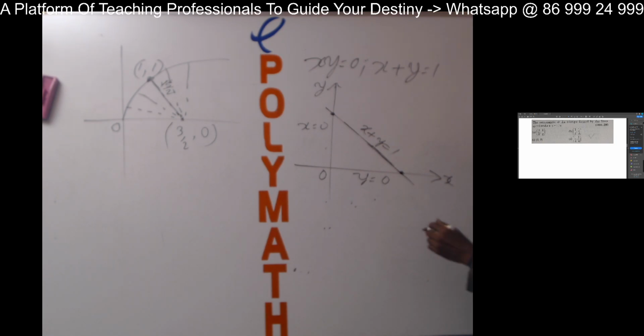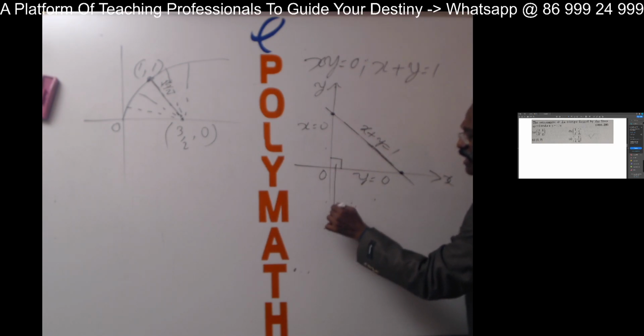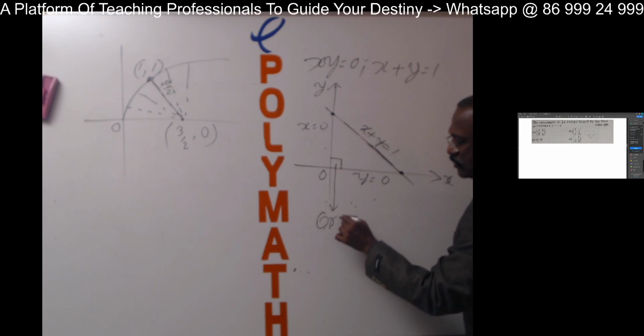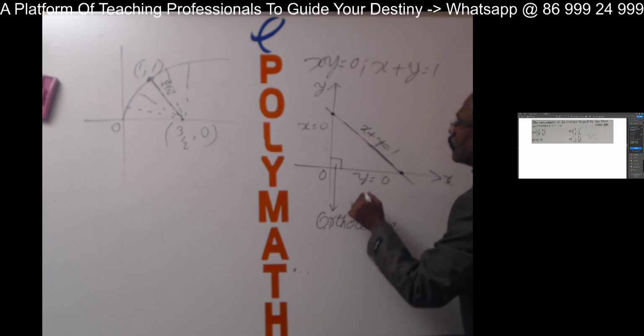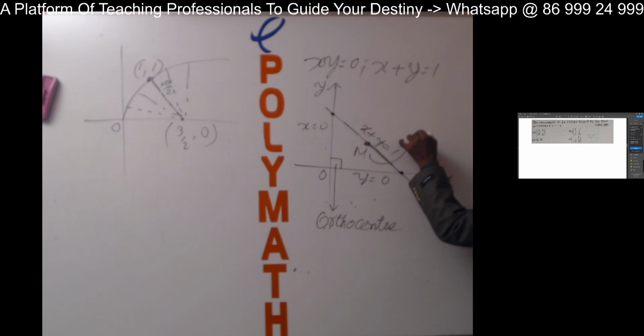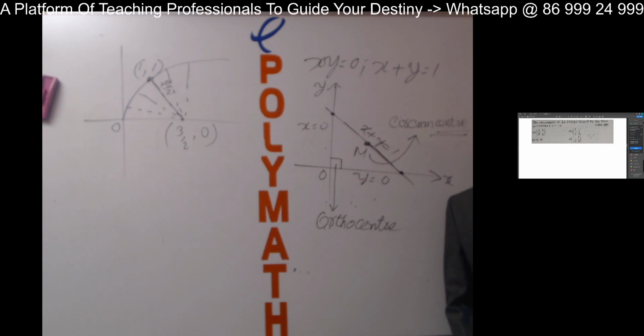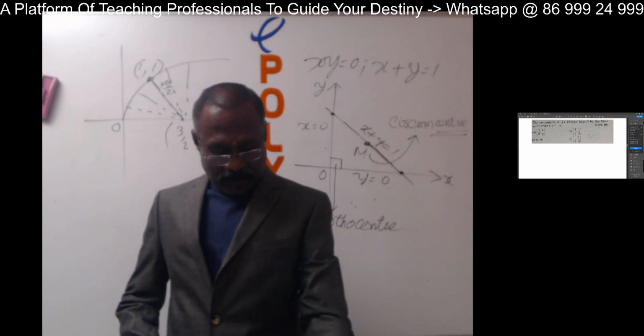Very simple. In a right angle triangle, the vertex containing the right angle is the orthocenter, and the midpoint of the hypotenuse is the circumcenter. Okay? So what should be the answer for this question now?